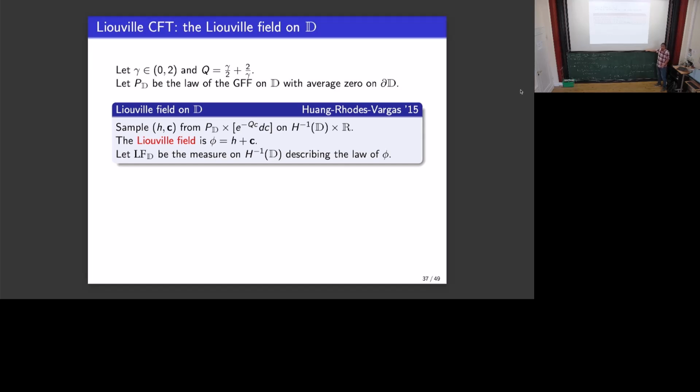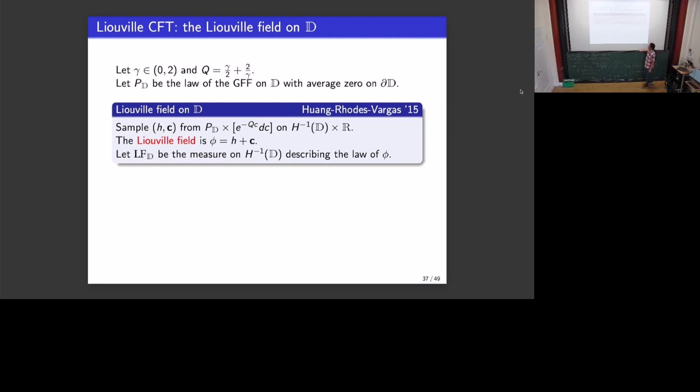We're going to define something that I call the Liouville field on the unit disk. And it's exactly what we had earlier. We sample from this measure, where P_D is the law of the GFF on the disk with mean 0 on the circle. And the c is coming from this e to the minus qc times the Lebesgue measure on the real line. The minus qc term, we had it just now.